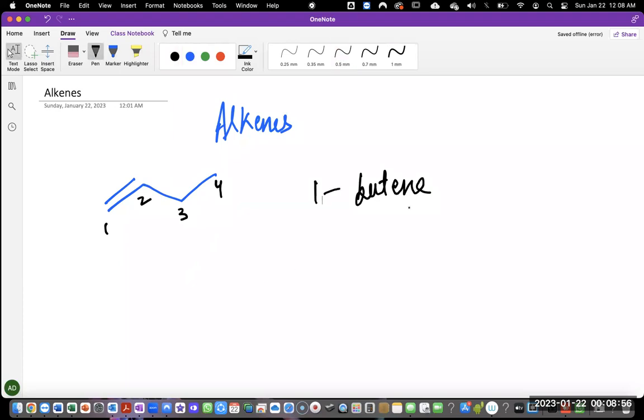Now, there's another way to write the same name. And guys, you want to make sure you understand that as well. We should be aware of both ways to write the name. So guys, we can actually bring this 1 in front of the ene to be very specific that this 1 belongs to the ene. So what we do for that is we say but-1-ene.